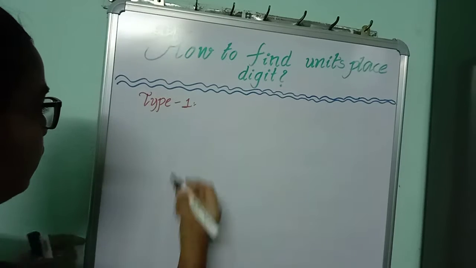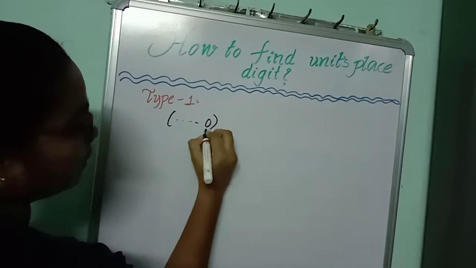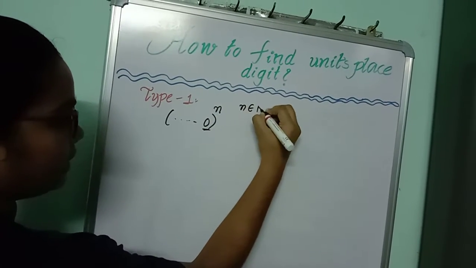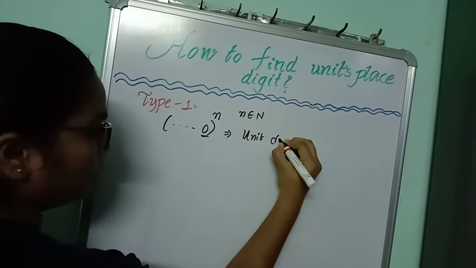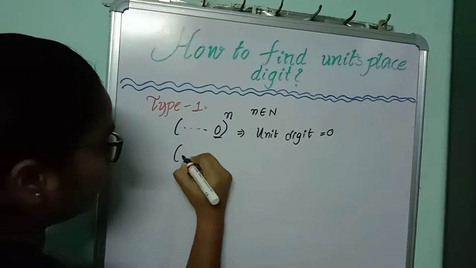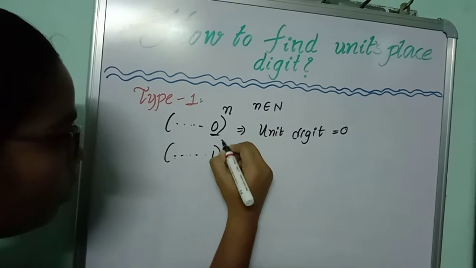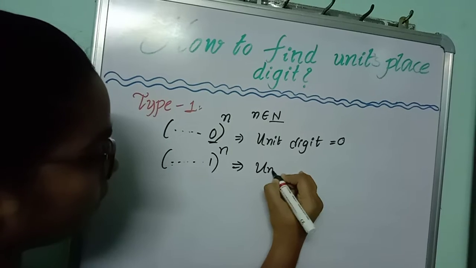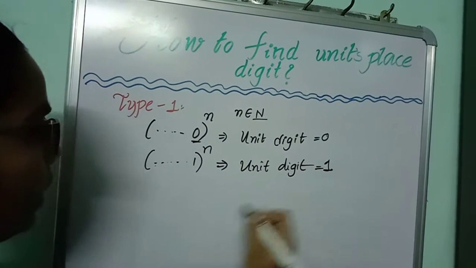For example, if a number ends with the digit 0, in the form of 0 whole power n, where n belongs to natural numbers, then the unit digit becomes 0. If a number ends with 1, in the form of 1 whole power n, then the unit digit is 1.